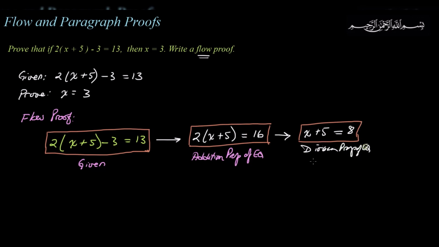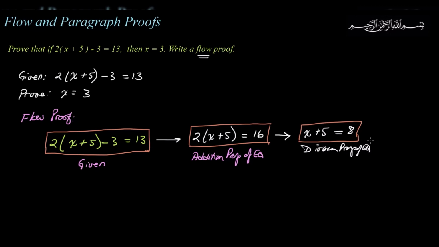The division property of equality says if A is equal to B, then A divided by C is equal to B divided by C, provided that C does not equal 0. And clearly C is not 0, because here you're dividing by 2. So this step is very legitimate, and I can do this because of the division property of equality.